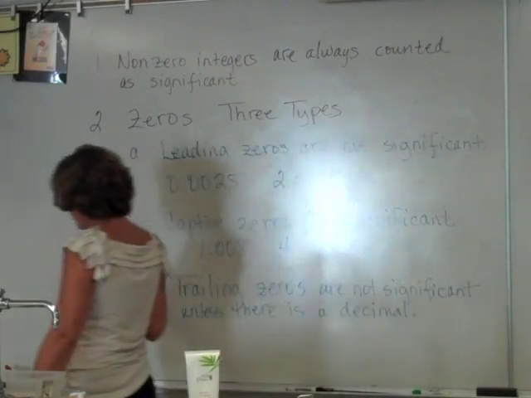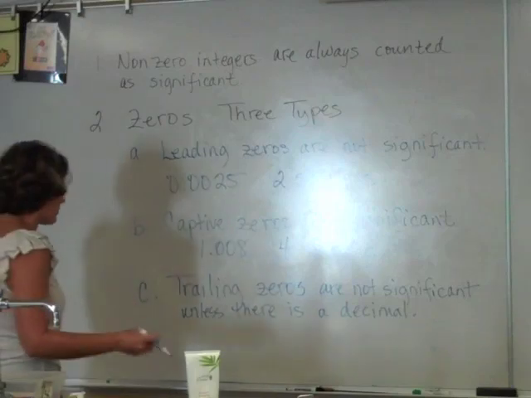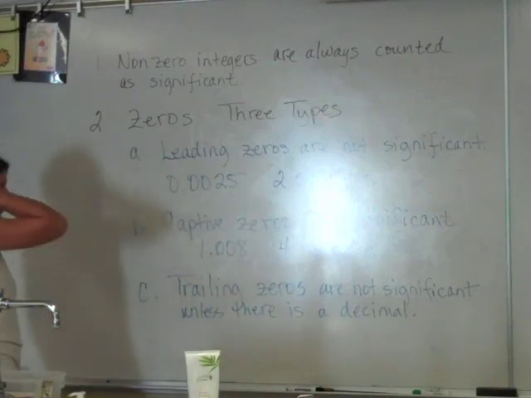The decimal is our key that things are exact, that we've measured it exactly.